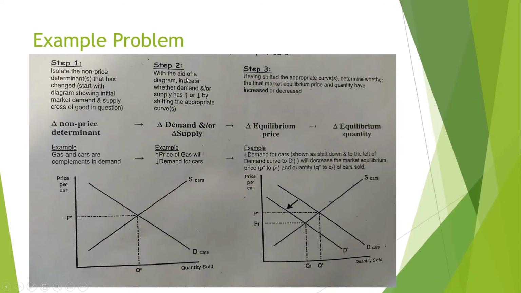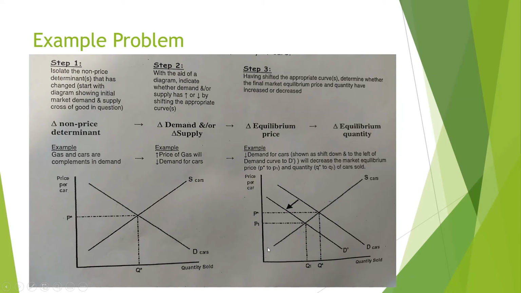So step two, with the aid of a diagram, indicate whether demand and or supply has increased or decreased by shifting the appropriate curve. From here we can see an increase in the price of gas will decrease the demand for cars, and that makes sense because they're complements. In the real world, if the price of gas suddenly doubled, you would expect to see fewer people wanting to buy a car.